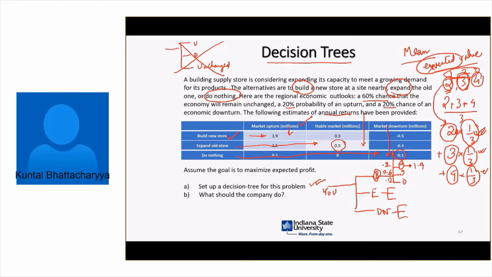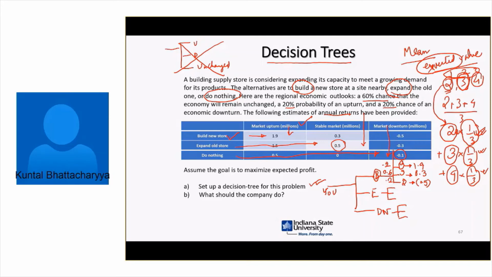If you are trying to build a new store and the market is stable, your outcome is 0.3. If you are trying to build a new store and you have a downturn, then your overall outcome is negative 0.5, a loss of 0.5.